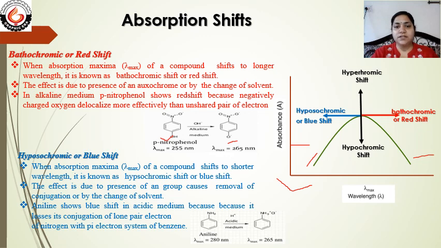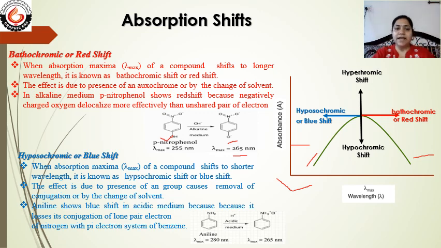Oxygen is more able to delocalize the pi electrons. So this shows absorption at lambda max 265, whereas if OH is present, the lambda max will be 255. So due to the alkaline medium, the OH is converted into O and a red shift takes place.